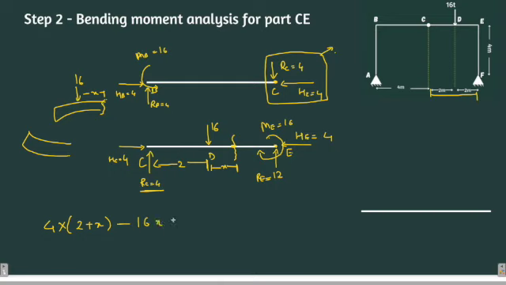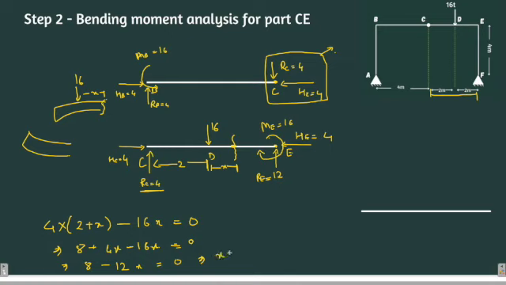At a certain point, it is going to be 0, so let me equate it with 0. So 4 twos are 8 plus 4x minus 16x must be equal to 0. Now 8 minus 12x must be equal to 0.